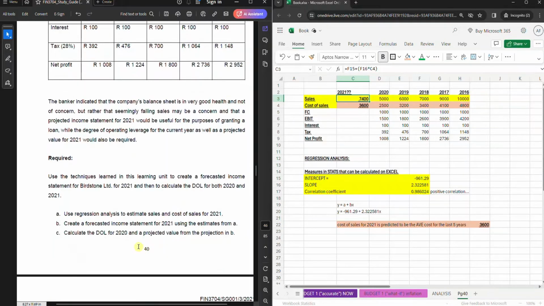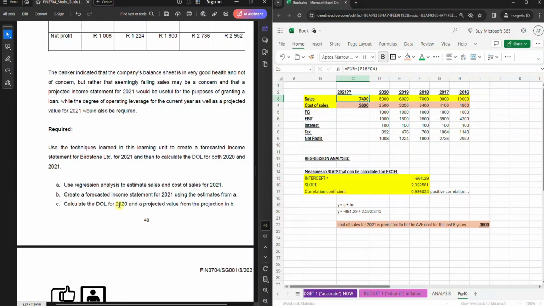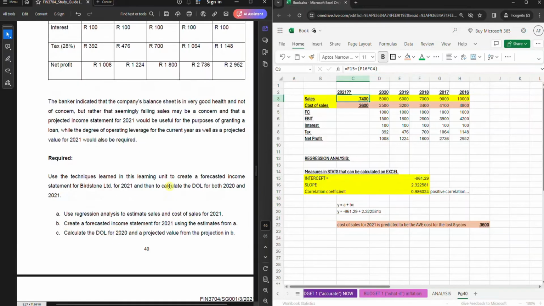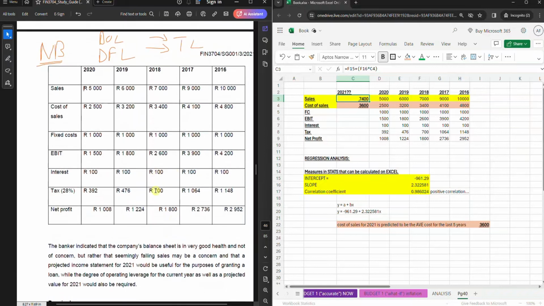Okay. Calculate the degree of operating leverage for 2020 and a projected value from the projection in B. So you're looking for degree of operating leverage. You need that from your textbook, page 200 and something. DOL, we need that formula from finance again.